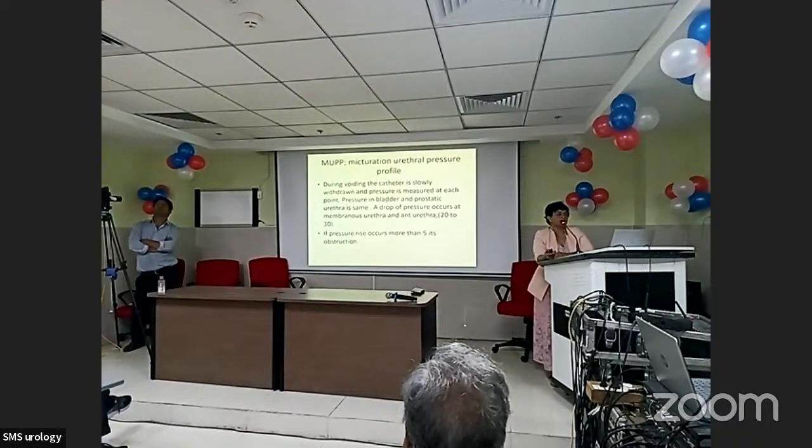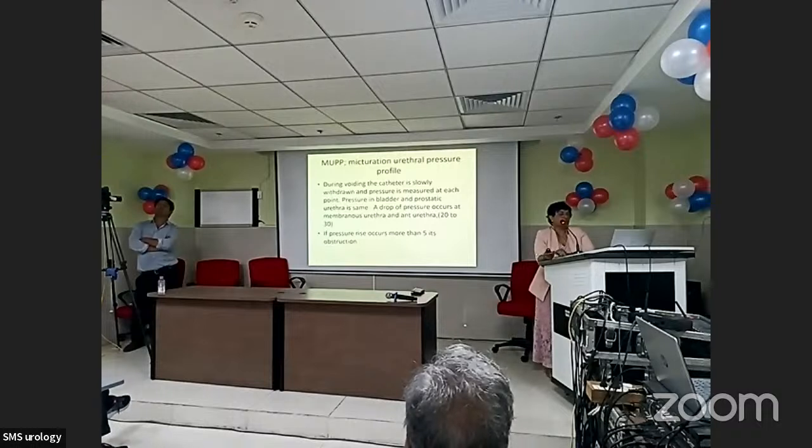Now, micturition pressure, urethral pressure profile. Now, as UPP, this is also not practiced, but this is also one of the methods of diagnosing detrusor underactivity. So, during voiding, there is a mechanized system in which the catheter is slowly withdrawn and the pressure is measured at each point.